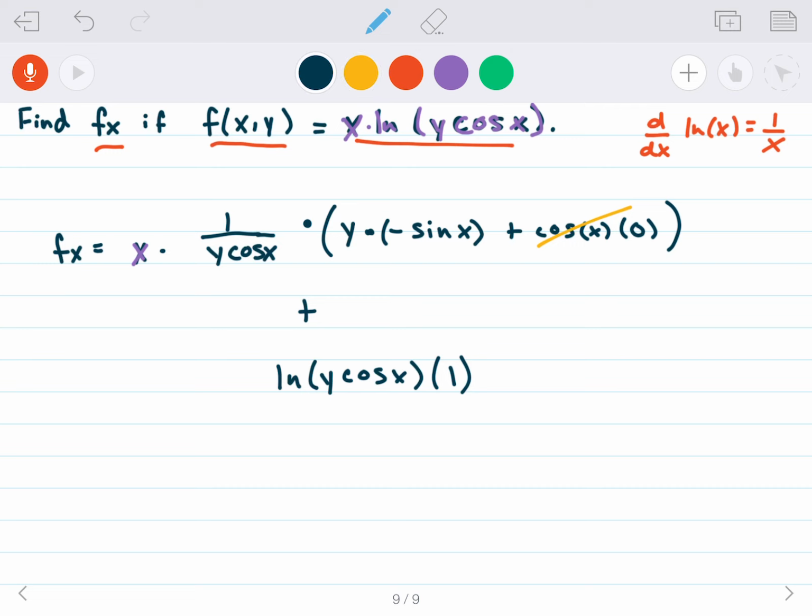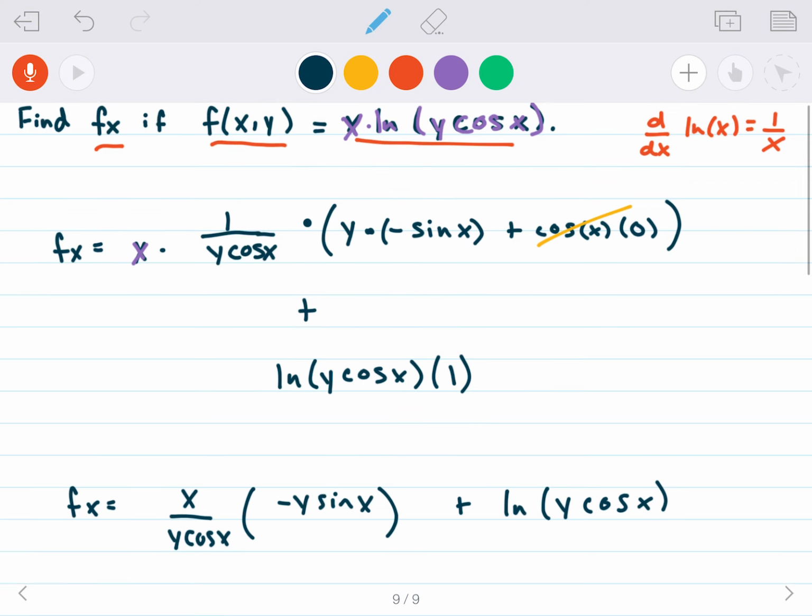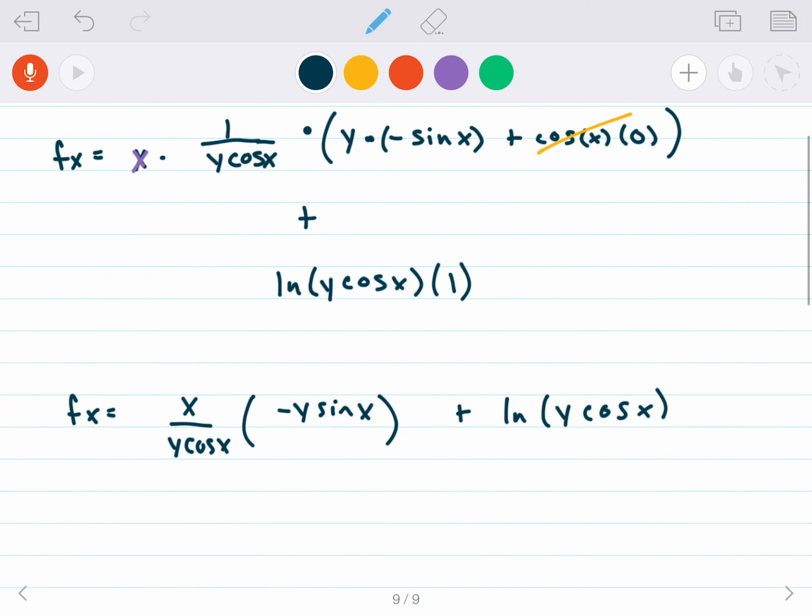Let's see. So, partial derivative is going to be x over y cosine x and then we're going to multiply it by negative y sine x. And then we're going to add to it ln of y cosine x. Okay. So I guess the y's can cancel.